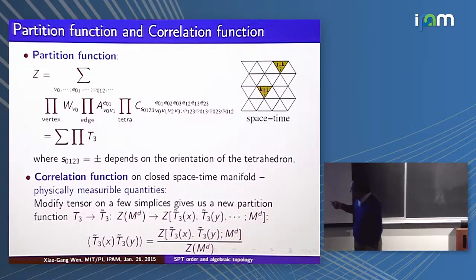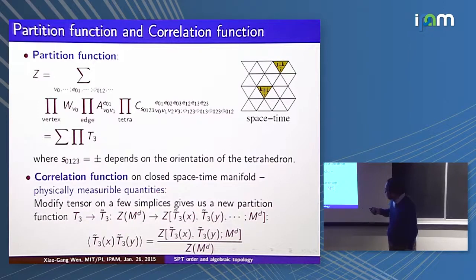From the partition function, we can also define the so-called correlation function. We modify the tensor on some simplex, from T to T cubed in general, and compute a new partition function with this modified multiplication. Then we divide by the previous partition function before modification.